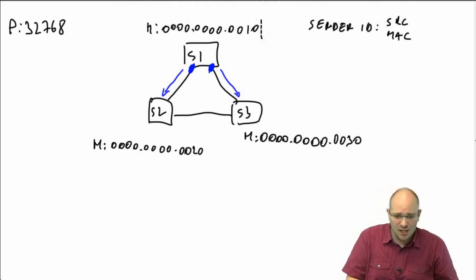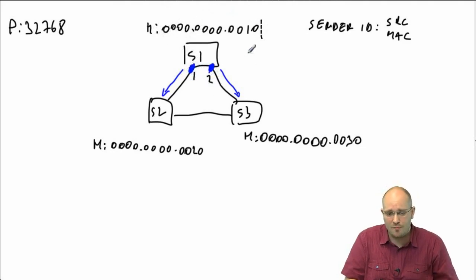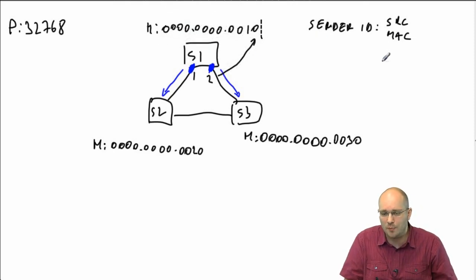So let's say that here, this port, let's call it port number 1, and let's call this port number 2, that the sender MAC address here is actually going to be 000000000011 for port 1, or 12 for port 2. So this is going to be our sender identifier.